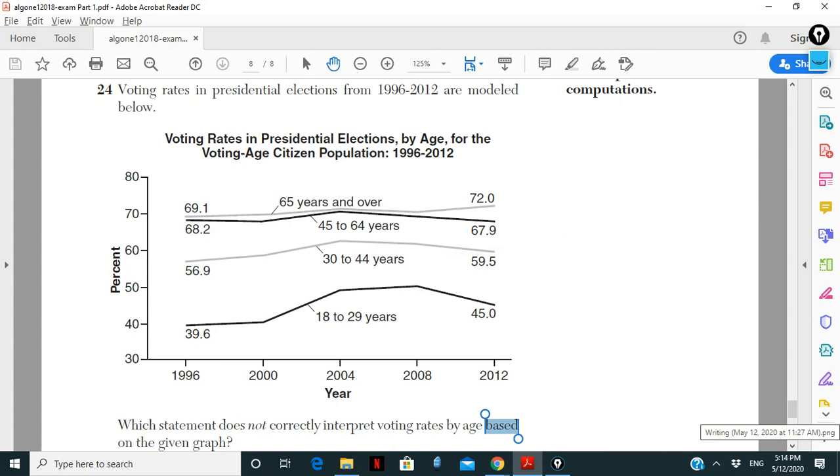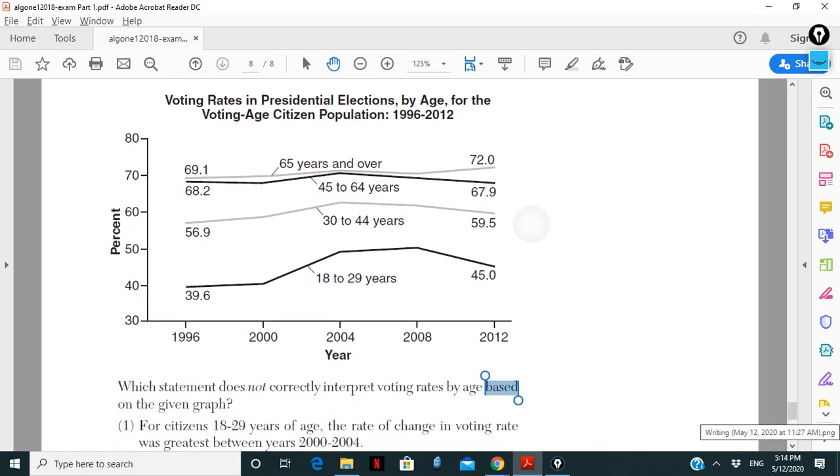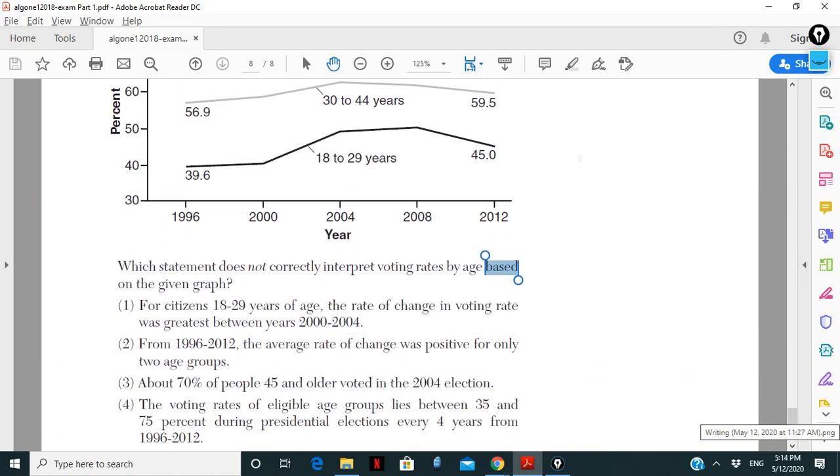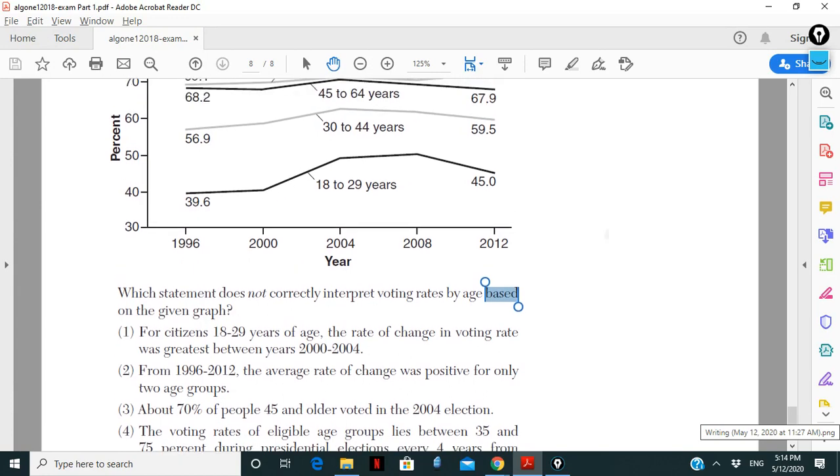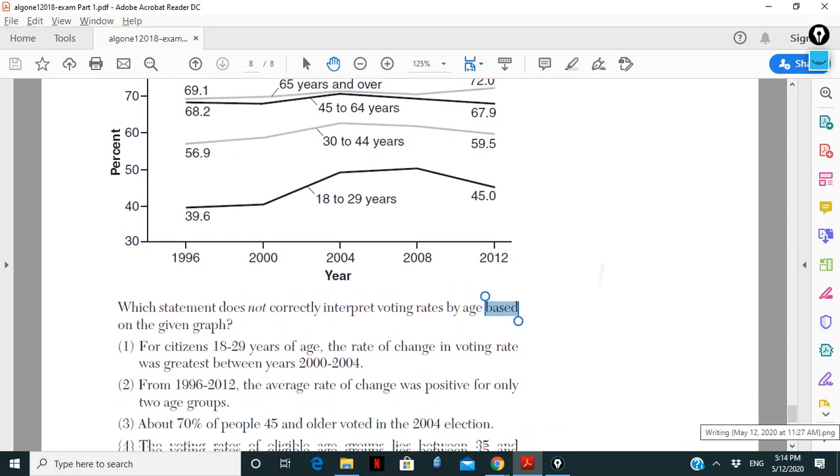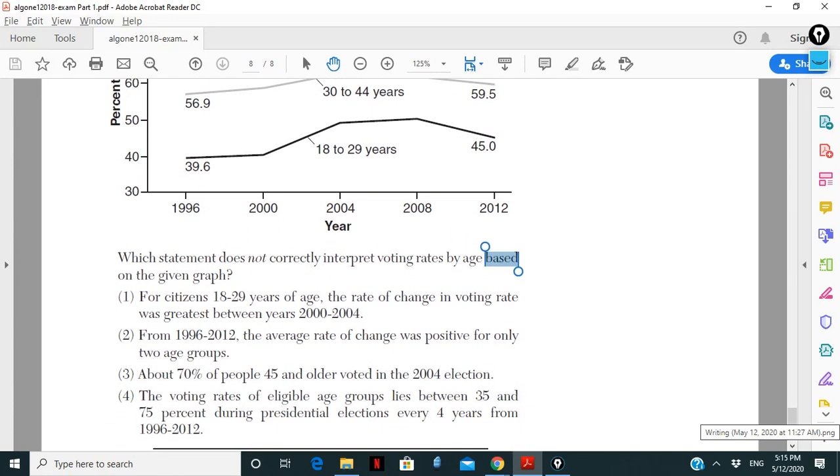So the percentage for maybe 70, yes. So the voting rate of eligible ages between 35 and 75% during every 4 years.